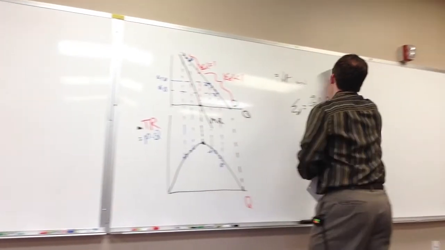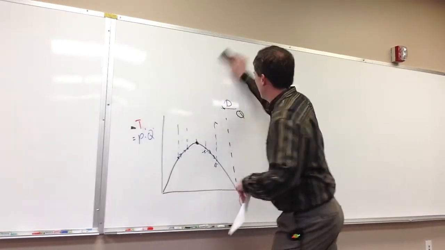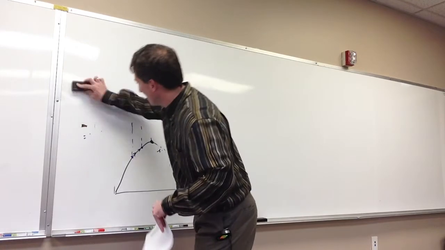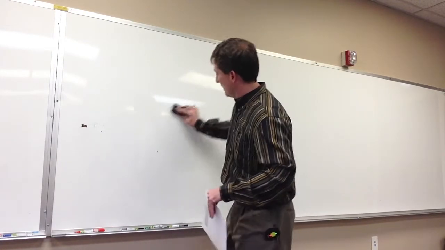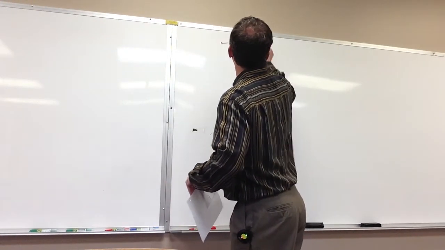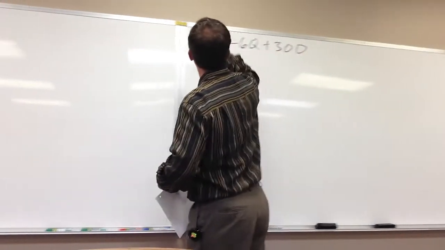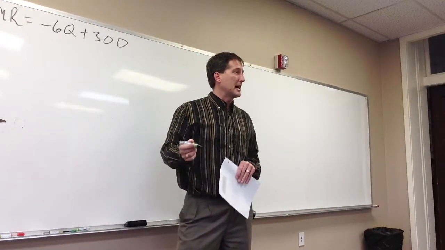First person that generates a marginal revenue function, why don't you let me know what it is? I'll write it on the board and see if we all agree. Whether you're right or wrong doesn't really matter. Negative 6q plus 300. Do I see any nodding heads?